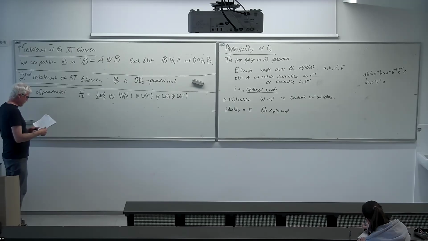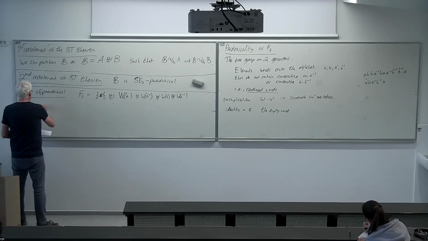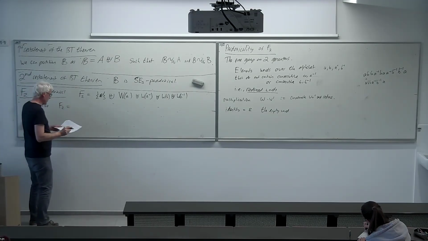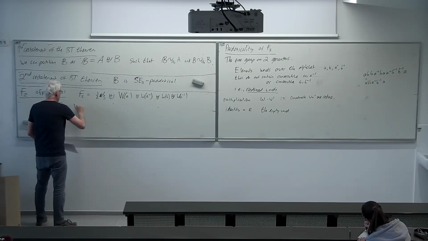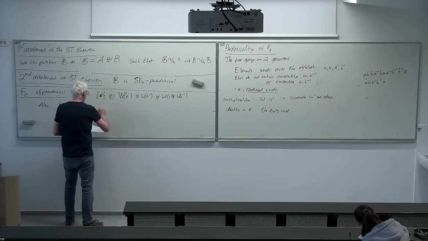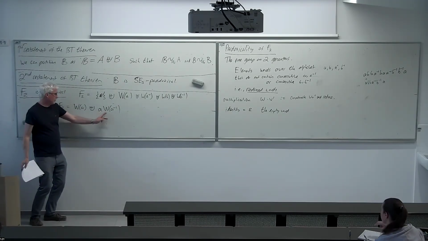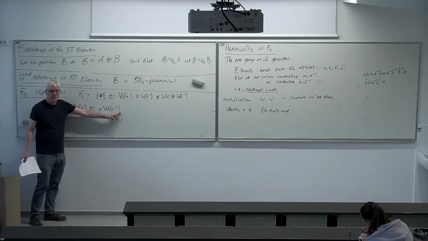But then we see that F2 can also be got as the words beginning with a, and in fact it's a disjoint union with the action of the little a itself on words beginning with a to the -1.